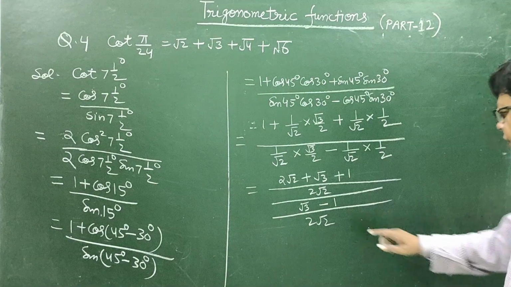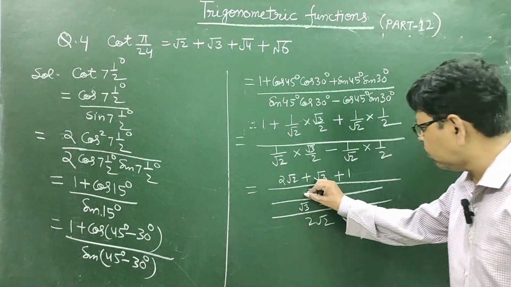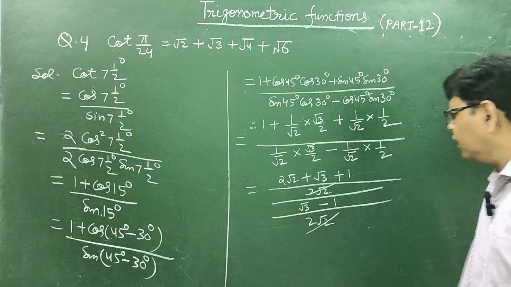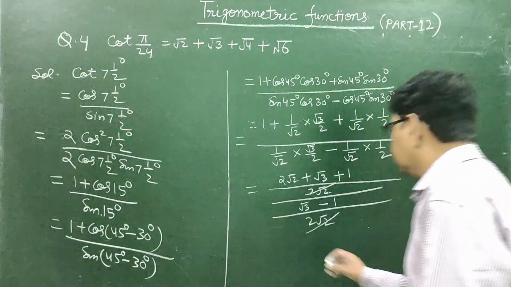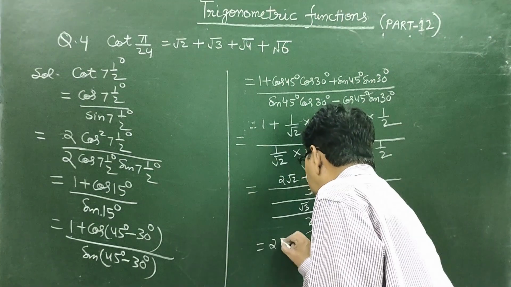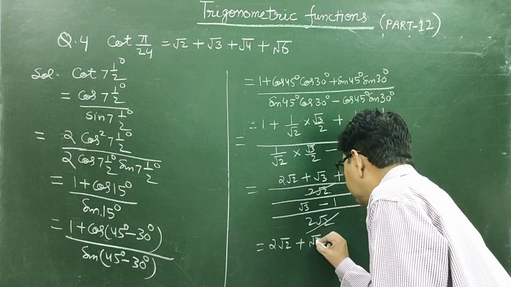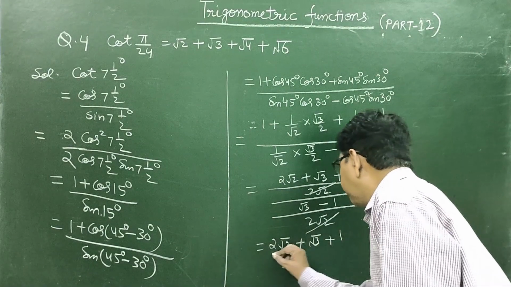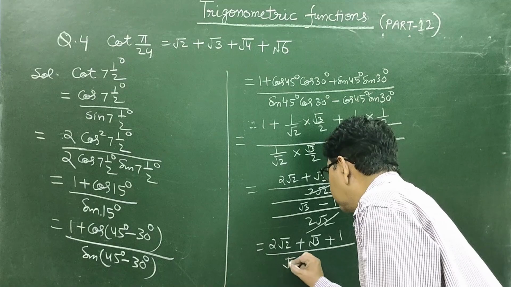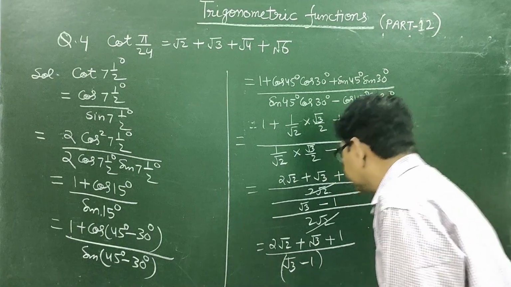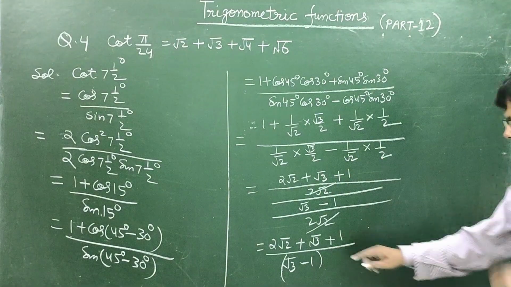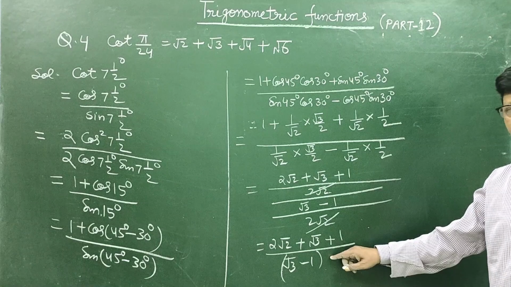On further simplification, this same value in the denominator is cancelled and you are left with 2 root 2 plus under root 3 plus 1 upon root 3 minus 1. To further simplify it, let us rationalize the denominator.